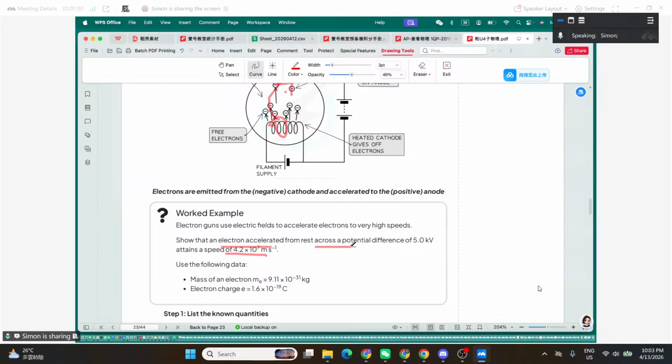So we will use the energy transfer. The electron goes into the electric field and will gain energy.